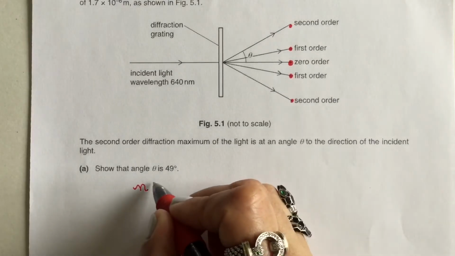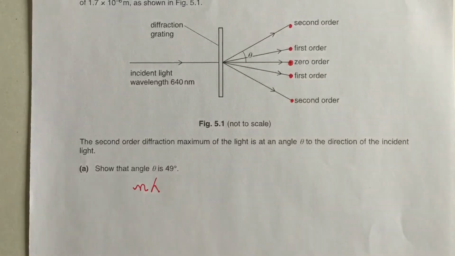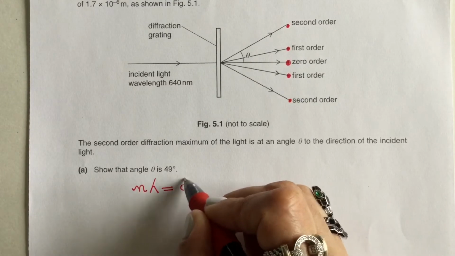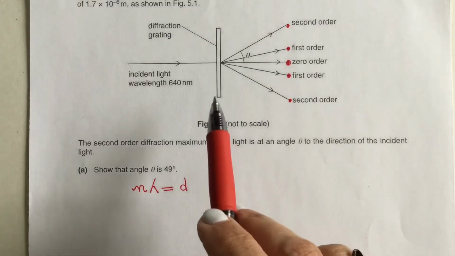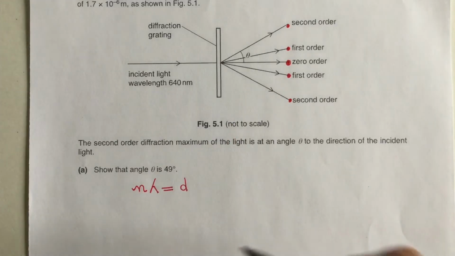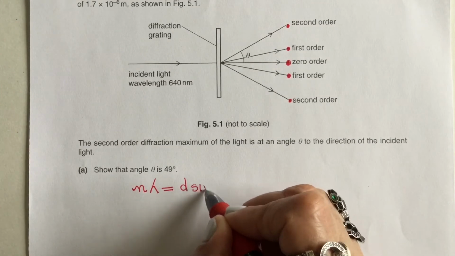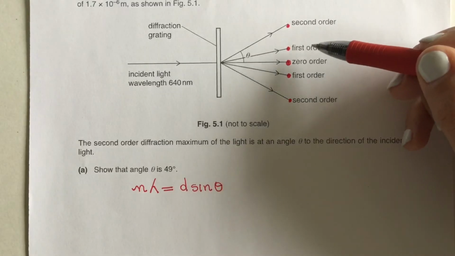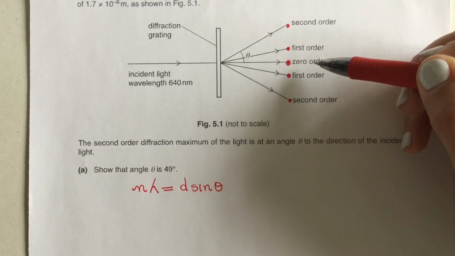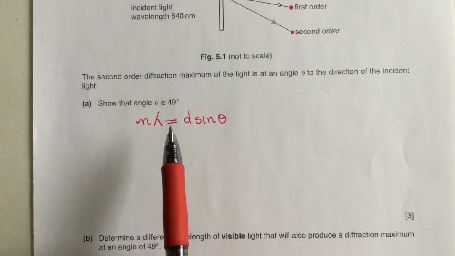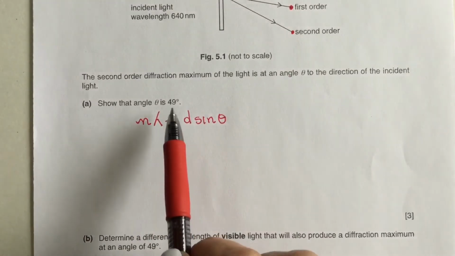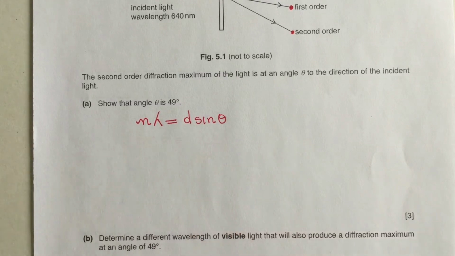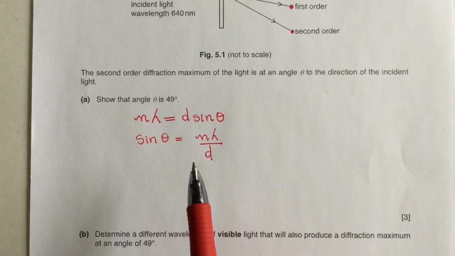Then the wavelength of the light is equal to the distance between slits in this screen times the sine of the angle a particular order makes with the zero order. Because this first question wants to verify that angle, I'm going to rearrange this formula in terms of the sine of this angle. Now, I'm going to do my substitution.